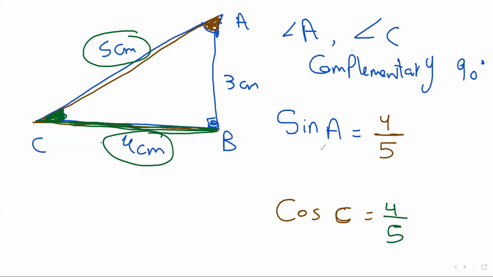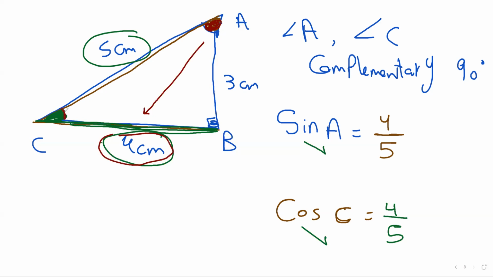What do you notice? We observe that sine A is the same as cosine C. They are the same. Sine A, sine is the opposite, so the opposite to A is 4, and the hypotenuse is 5.